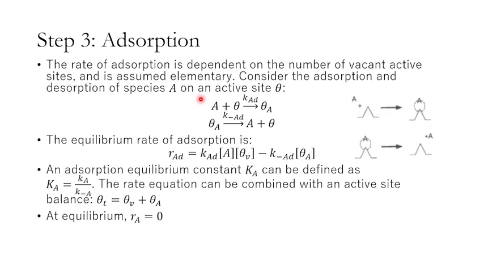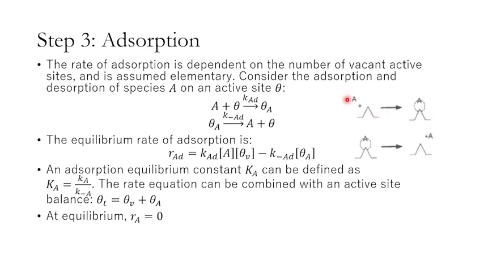Going back, we have here the reactions depicting the adsorption and desorption of your reactant A into a vacant active site. A vacant active site can be represented by theta V. The V is telling us that it is a vacant active site. So when our reactant A approaches a vacant active site, it is adsorbed into the active site. Therefore, we form the active sites with an adsorbed A. You can take a look at this diagram for clarification.